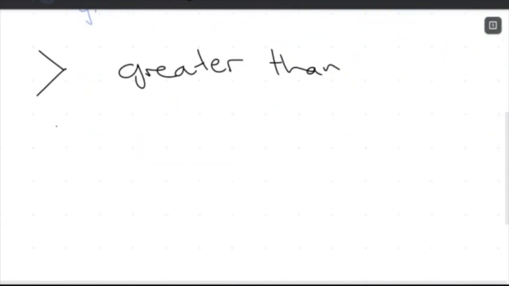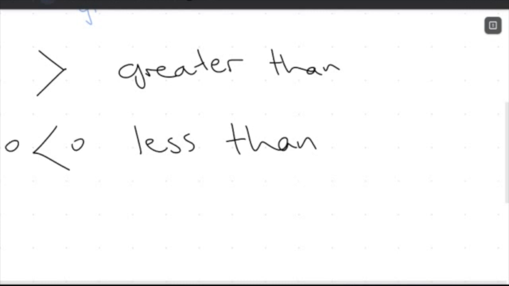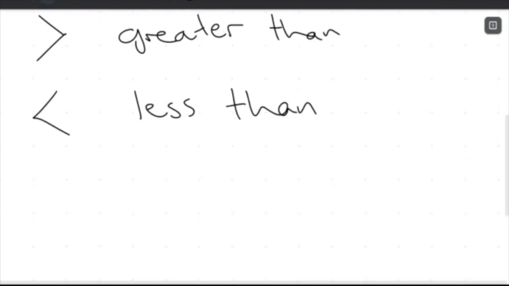This symbol, from this perspective, means less than. The one on the left is smaller than the one on the right, or the number on this pointy bit is less than this bigger number. Now, there's a couple more.